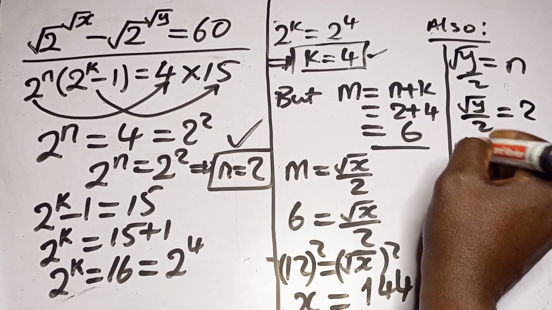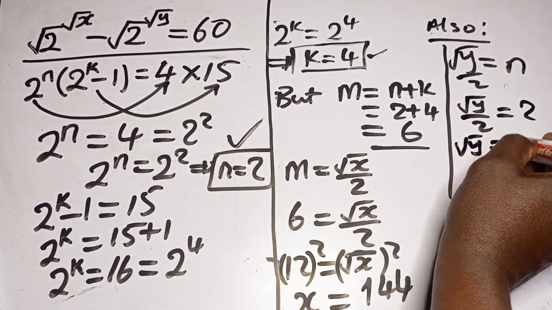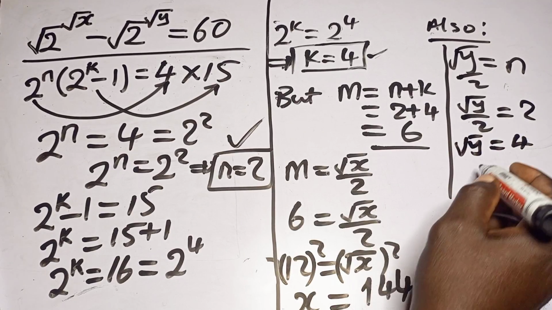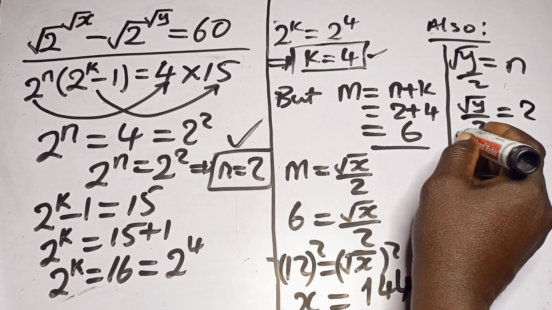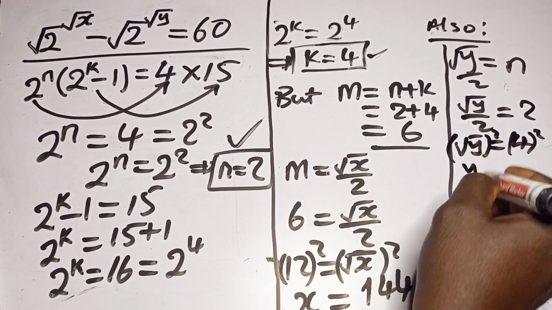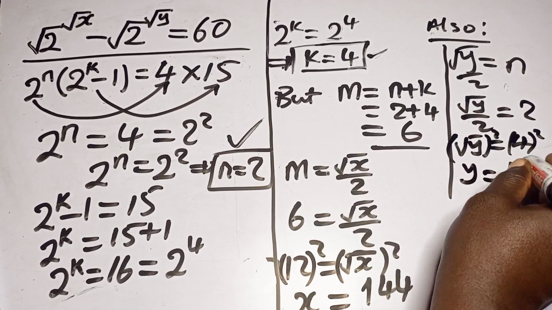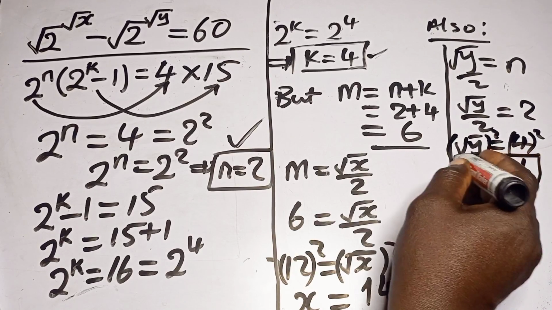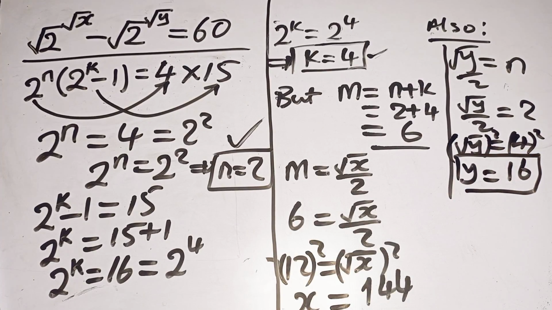When we cross multiply, we'll have root y is equal to 2 multiplied by 2, which is 4. Now when we square both sides, we're going to have y is equal to 4 squared, which is 16. So finally, we have solved for x and y. x is 144 and y is 16.